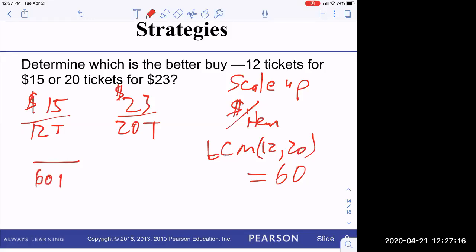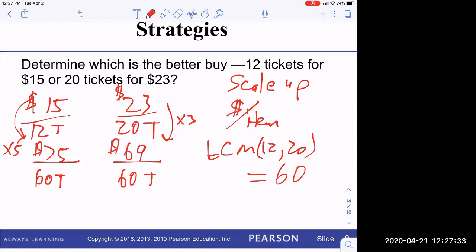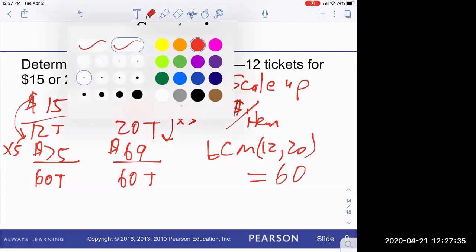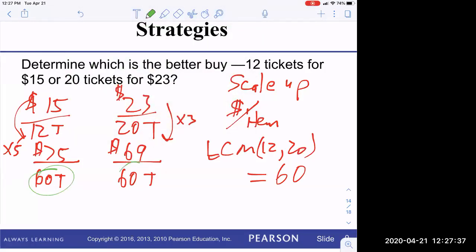So that's 60 tickets. So I got to do the 15 by 5, $75 for 60 tickets. Over here, I multiply by 3. I get $69 per 60 tickets. Same number of tickets, less money. That's my better buy. So that's using scaling up.